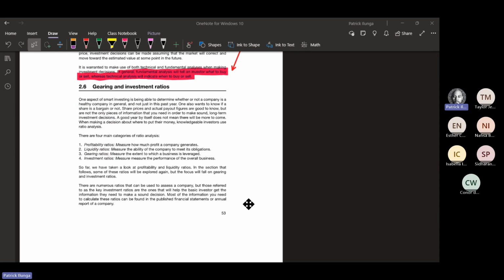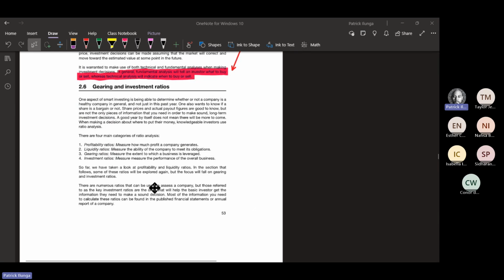Then liquidity: is the company liquid? We can touch on solvency, is it solvent? That's also good, but liquidity is very important. Are we able to meet our obligations? Gearing ratios are where it becomes very important, especially when we're touching on investments. And then we have the investment ratio. So we're just going to cover these two quickly and move on, right?